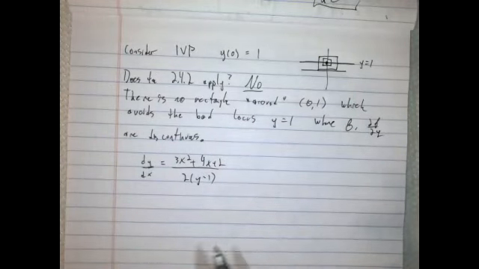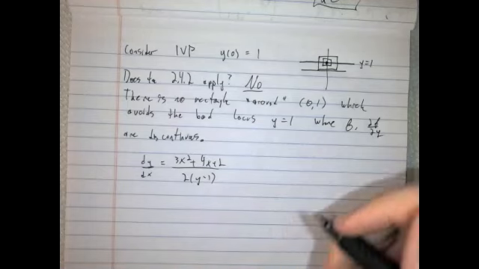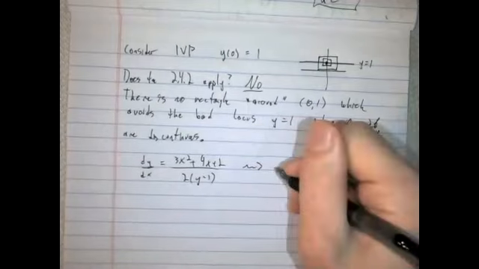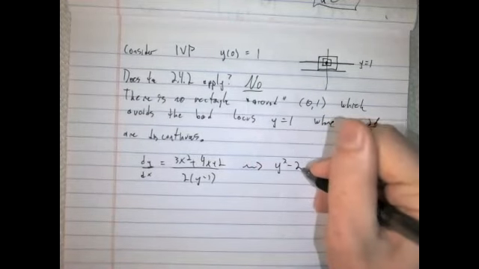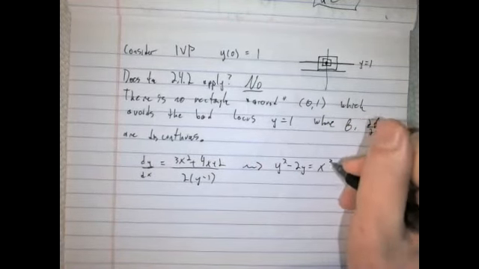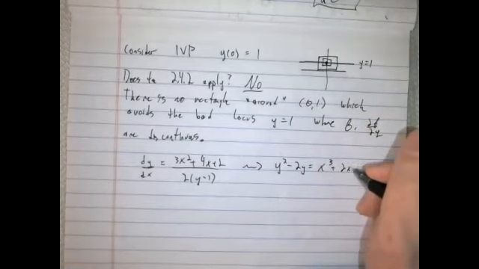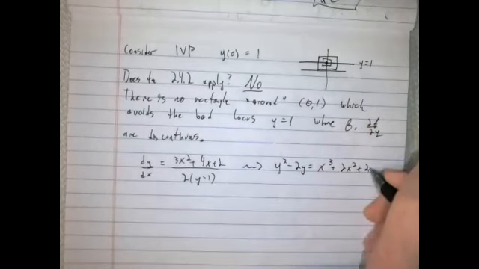You separate your variables, you integrate both sides, and you get left with the following equation: y^2 - 2y = x^3 + 2x^2 + 2x + c.